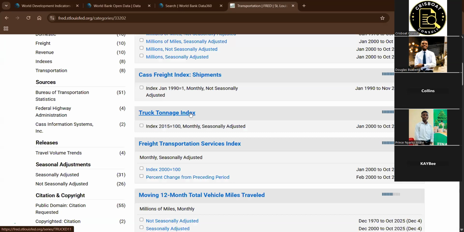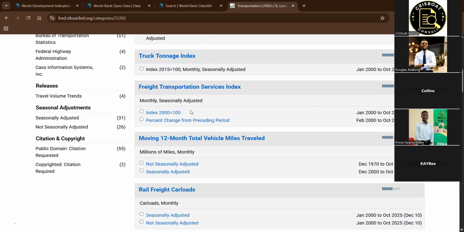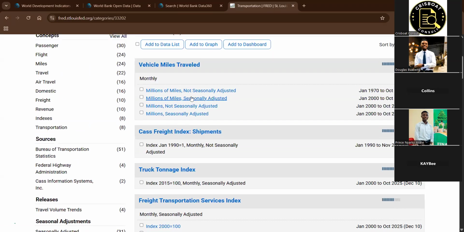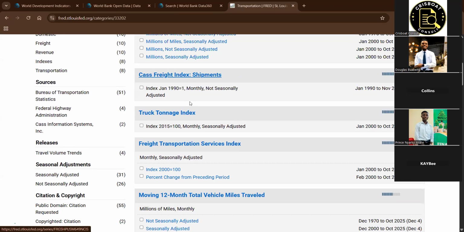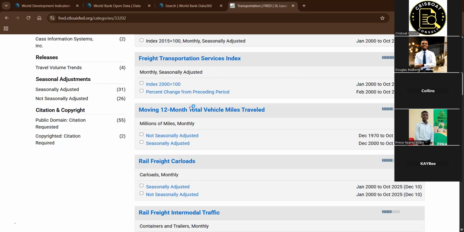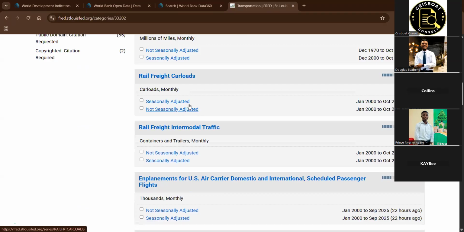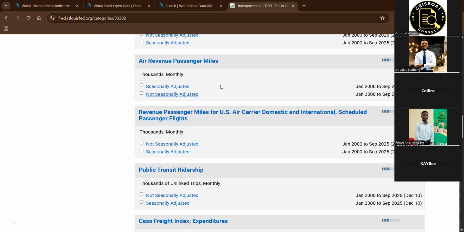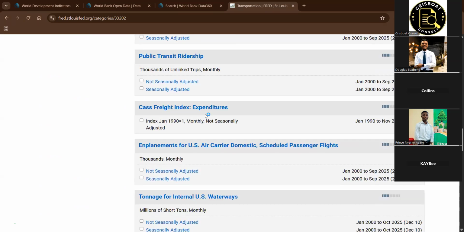These are all studies. So these are all publication studies, and this is where you get robust, publishable concepts from, because you can see that combining those who are into supply chain, yes, supply chain, you can explore this one. Vehicle miles, truck tonnage index, freight transportation indexes, rail freight car loads, rail freight intermodal traffic, natural gas consumption, air revenue passengers, cars freight index expenditures.